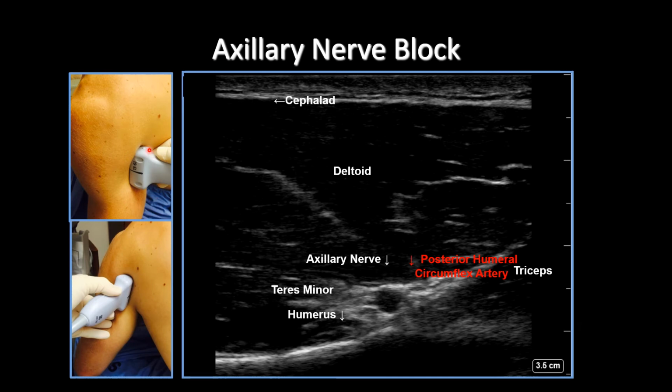You'll see here the probe orientation of the ultrasound, and this is the sonographic image that would correlate with that probe position. Essentially what you're looking for is the posterior humeral circumflex artery, which is a very easy target to see, and you look for the neural structures within that same plane adjacent to the artery. You see the humerus is a very hyperechoic structure, and up here you'll see the humeral head.